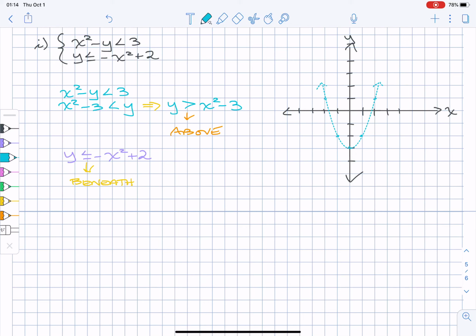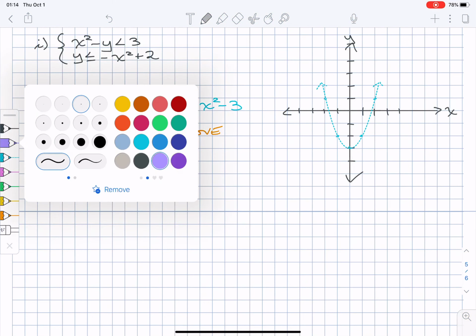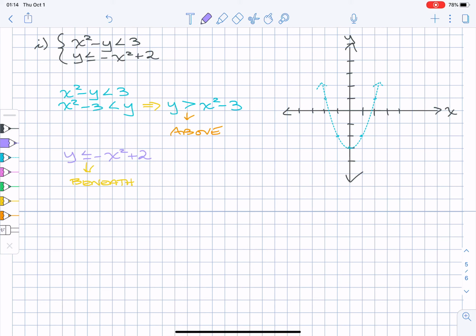Okay, now before I shade, I'm going to draw the other graph. And it's solid because it's got the equal sign, so it's up 2 and goes downwards.